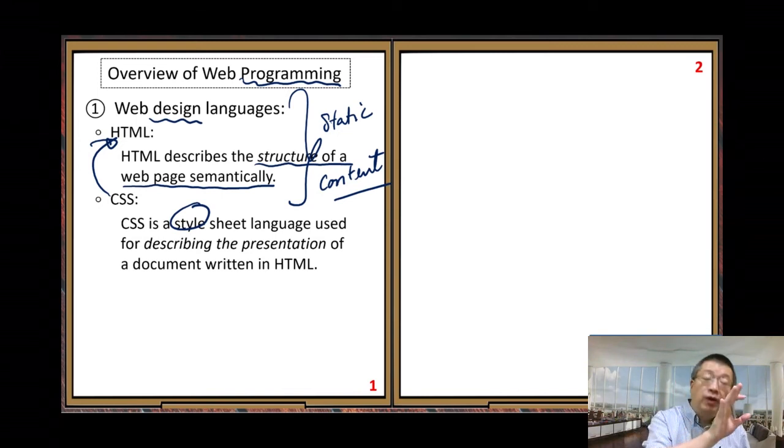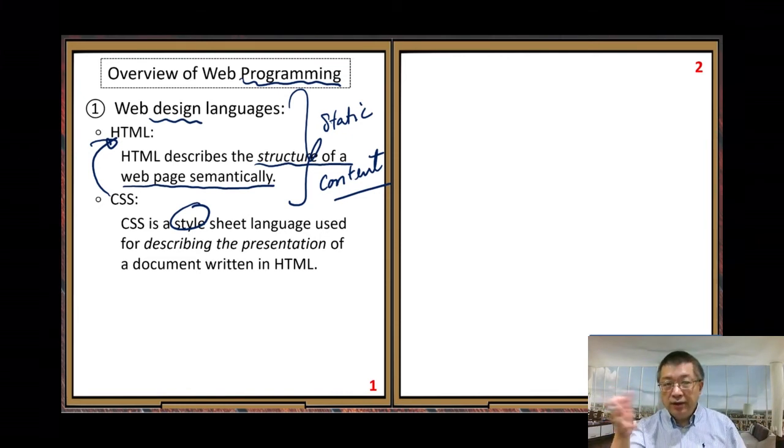When a user takes some special actions on a web page, the content, the data, could change based on the user's actions.